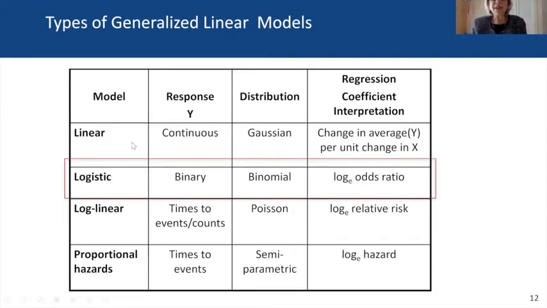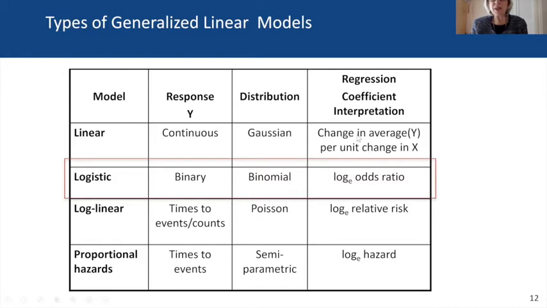So you have already seen linear regression as a form of a generalized linear model. Here, the response y was continuous. There was an underlying assumption that the response variable followed a normal or Gaussian distribution. And the regression coefficient interpretation was the change in average y per unit change in x. In other words, one way of saying that is that it's the rise divided by the run.